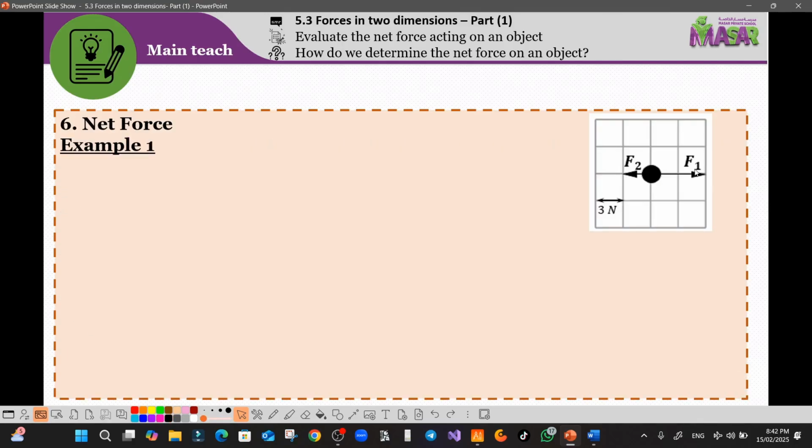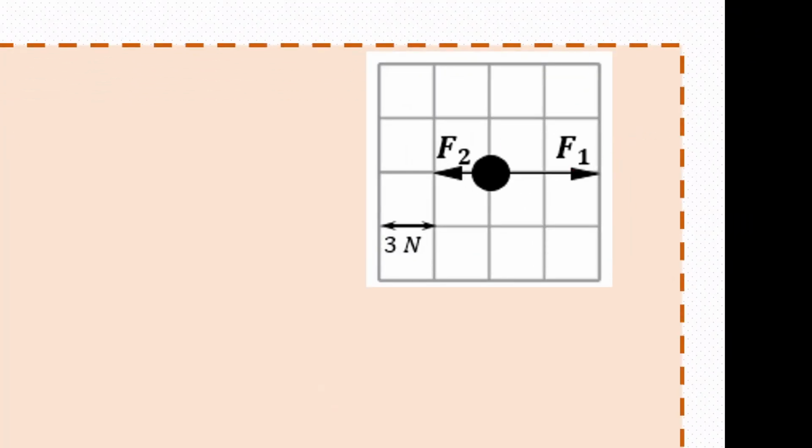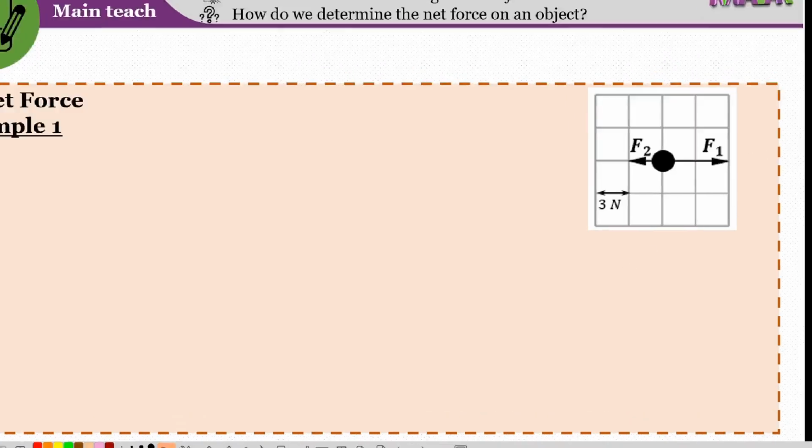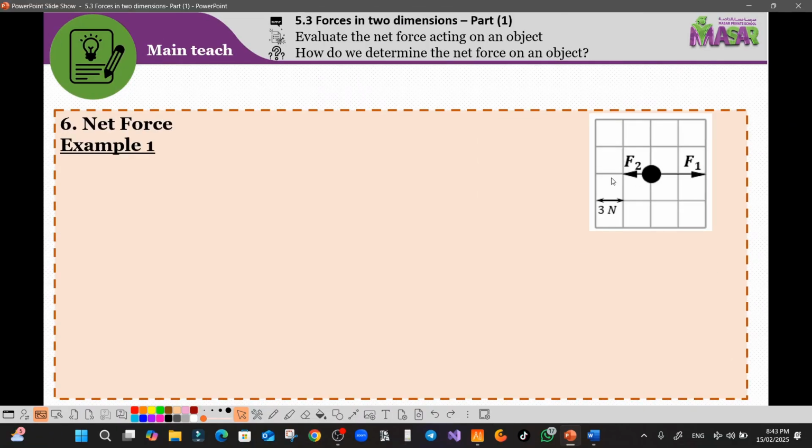Here we have two forces, F1 and F2, and they want us to find the net force. In order to find the net force, first we don't know the magnitude of F1 and F2. First, we need to find the magnitude of each of these forces. Again, we're going to use the scale with the number of grids in order to find the magnitude of each force.